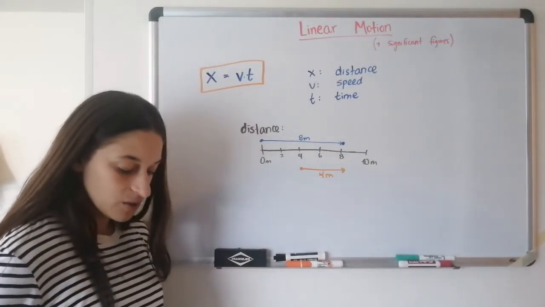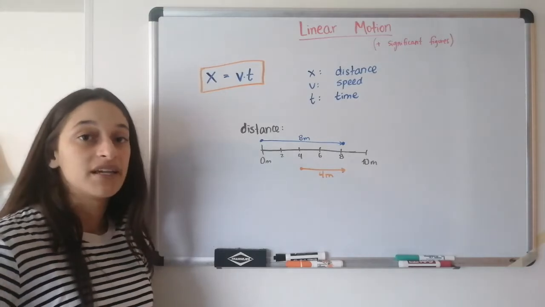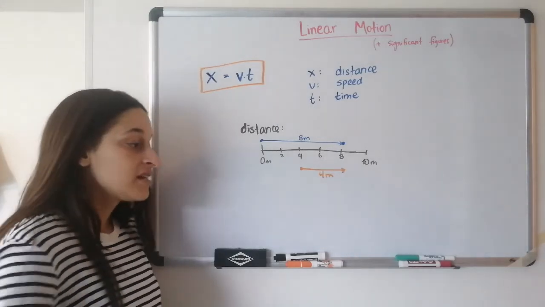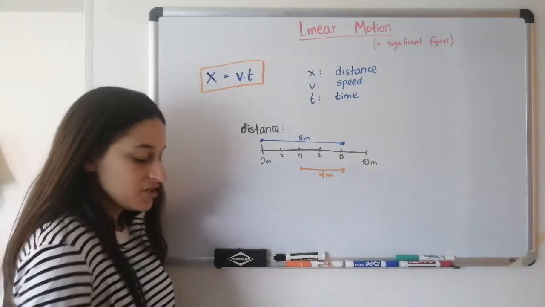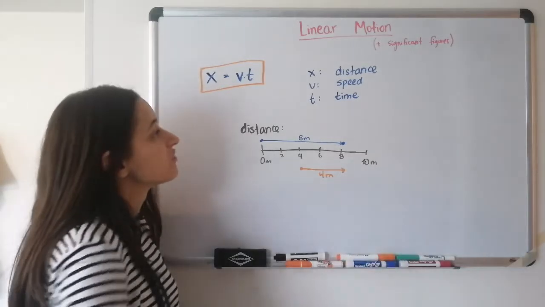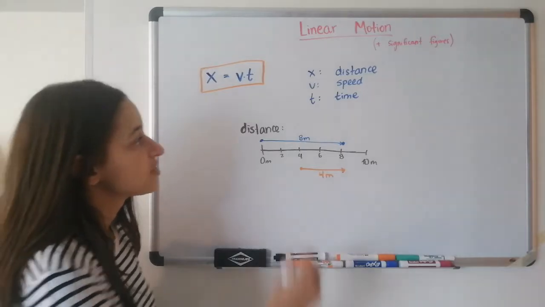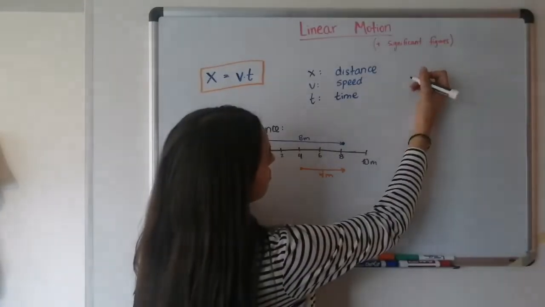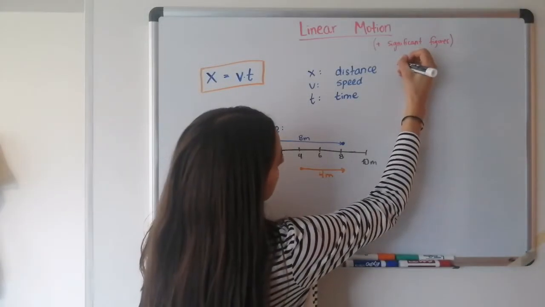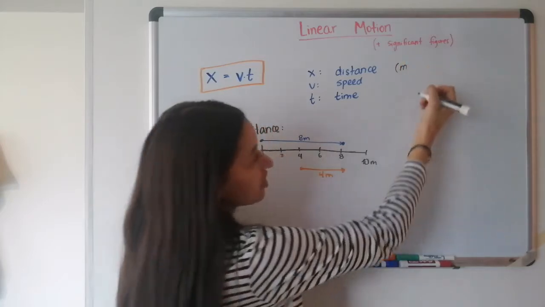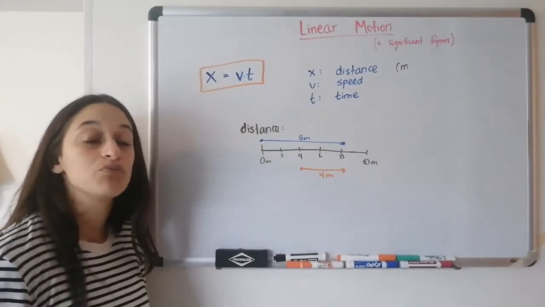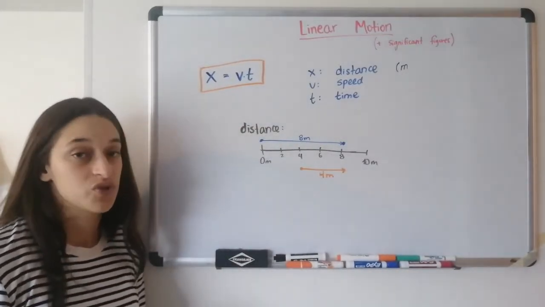And something that we care about a lot in physics that we already covered a little bit last class is units. So I'm going to tell you the units of each of these quantities. For distance, when we talked about SI units, we learned that the SI unit of distance is the meter. That's the one we're going to use in most exercises and most examples.